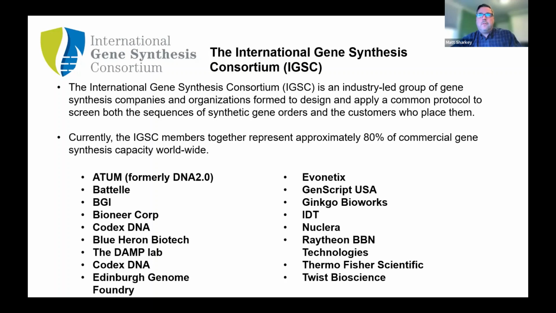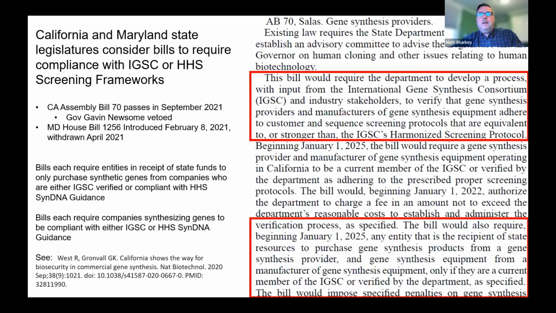So through the International Gene Synthesis Consortium, and without either U.S. regulations, international regulations, or a prescriptive funding mechanism, IGSC and others have managed to do a great job encouraging uptake of the guidance, both in the U.S. and internationally.